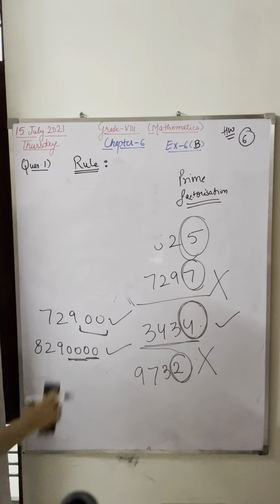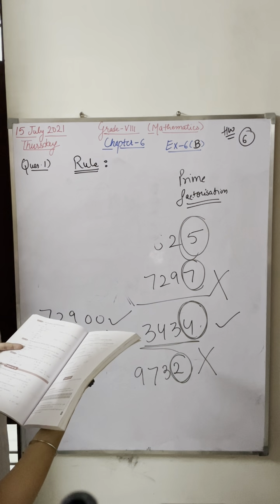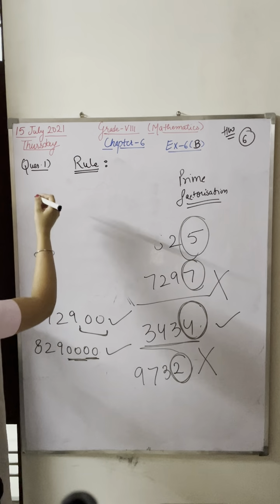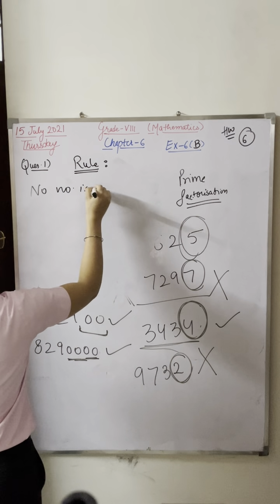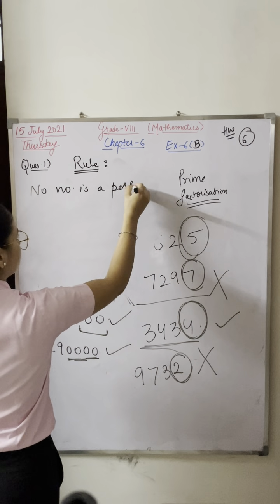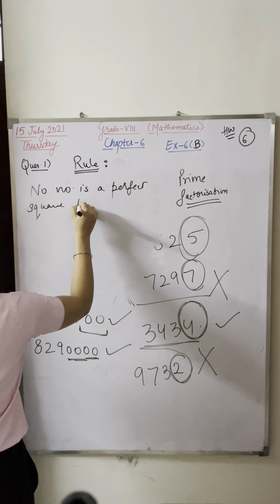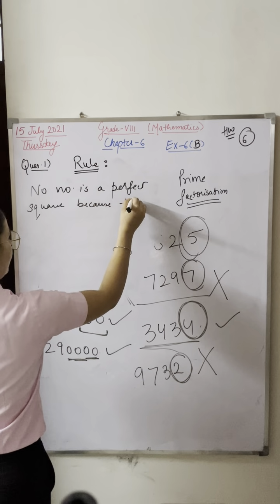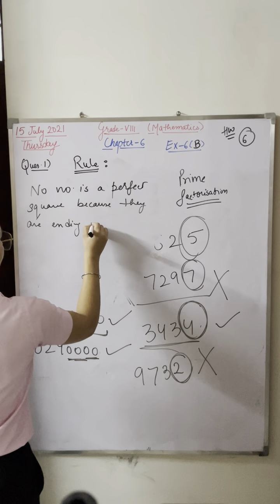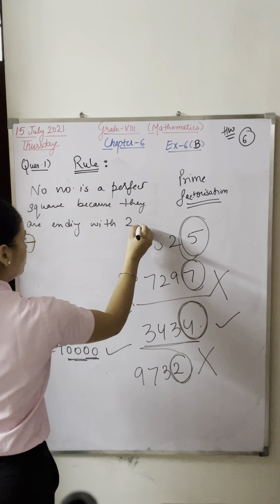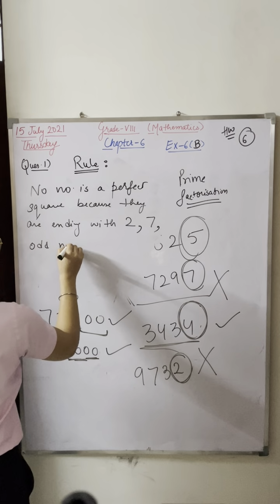You have to write in this way. Which question is it? Question first. Question first is: no number is a perfect square because they are ending with 2, 7 and an odd number of zeros.